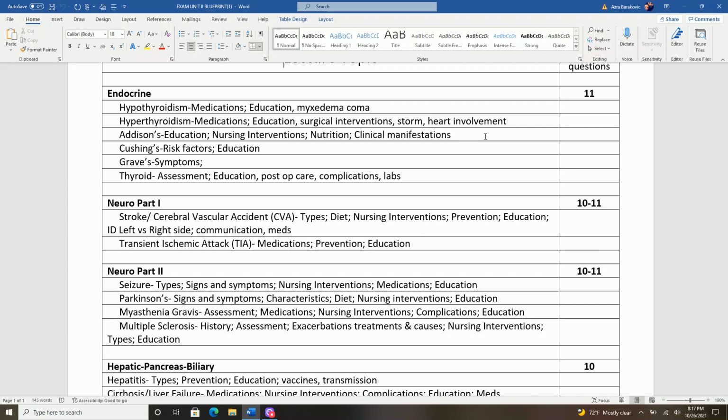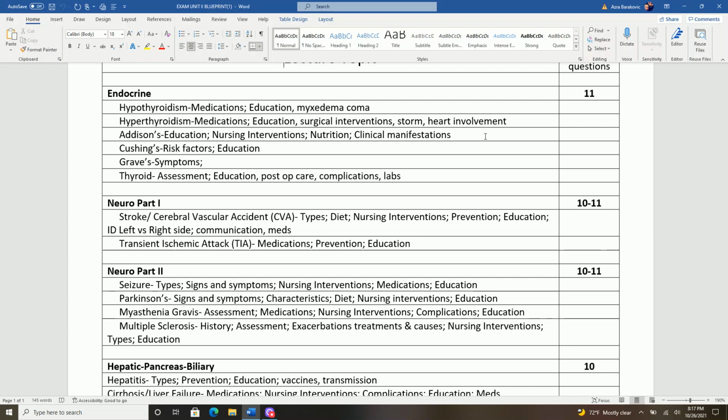Again, complications for thyroid disorders are going to be like your hypocalcemia, especially if the whole thyroid is taken out. And then, of course, your labs, which are your TSH, which is your thyroid stimulating hormone, and then your T3 and T4.